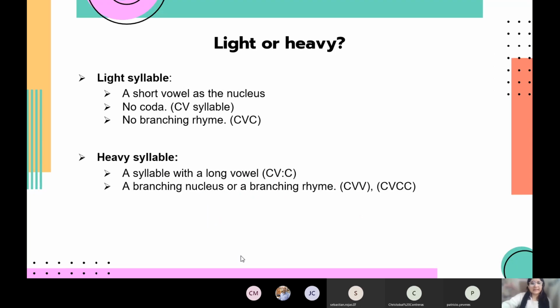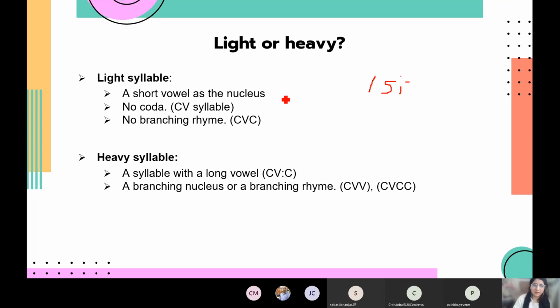Now, is it light or is it heavy? And I am going to read this one because there is not much text. So the first part says that in order to be a light syllable, the syllable needs to have a short vowel as its nucleus. It has to have no coda and a non-branching rhyme. So for instance, in the one from the example that we had before, we had a see from the Chamber of Secrets.